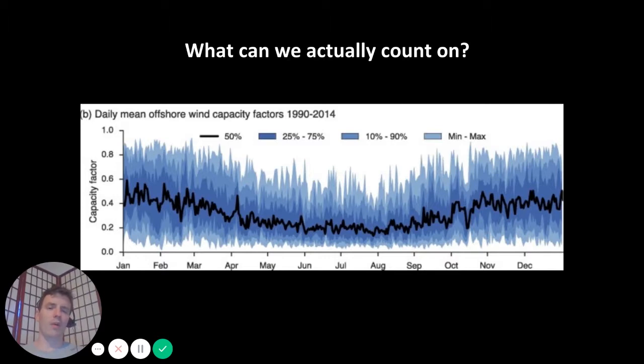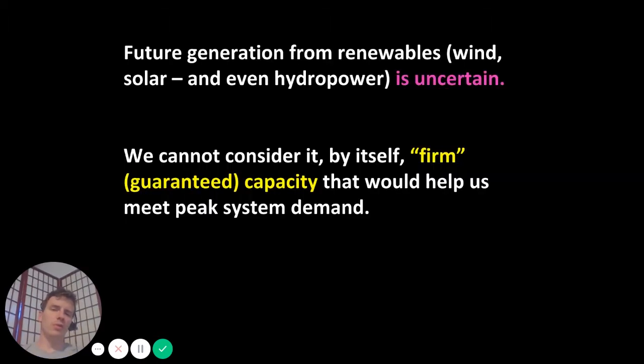So what we see here in that case is that the wind farm could produce a lot more than average throughout the year, but also a lot less, and close to 0 on some days as well. What that means is that future generation from renewables, wind and solar and even hydropower, is uncertain.